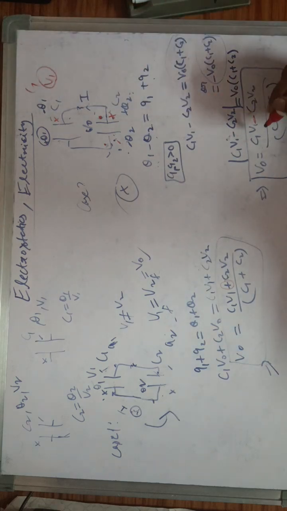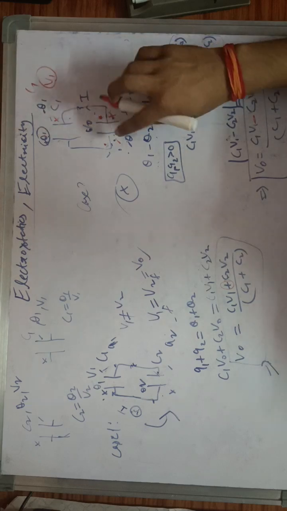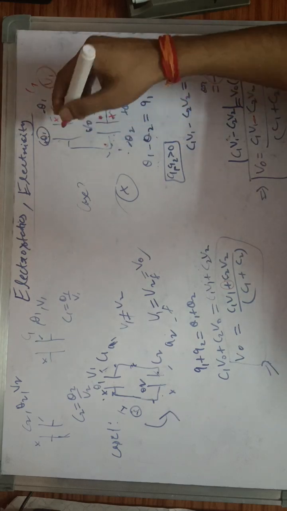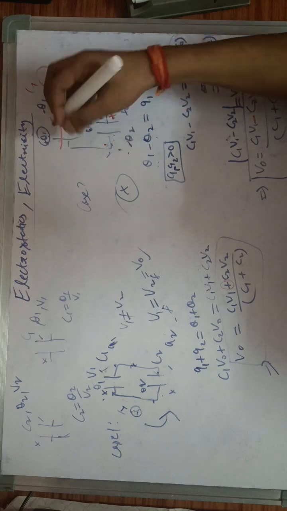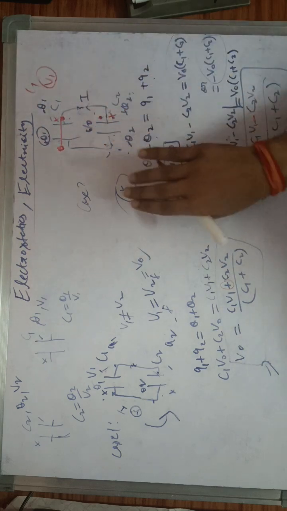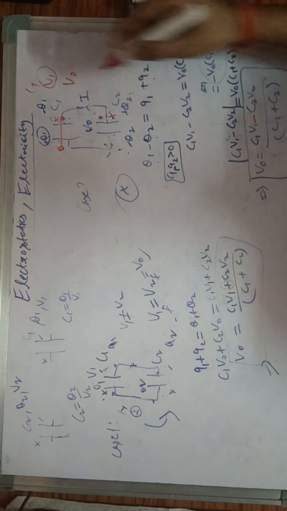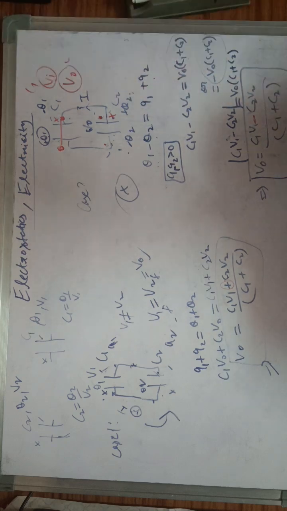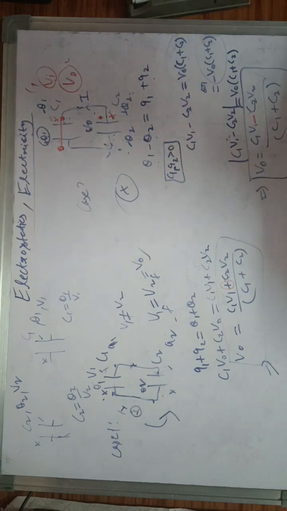It means if this value is larger, then this Q1 will dominate over this Q2, and the potential difference direction would be the same. This would be high and this would be low. This V0 will be the same as V1, meaning these two will have the same signs across this capacitor.